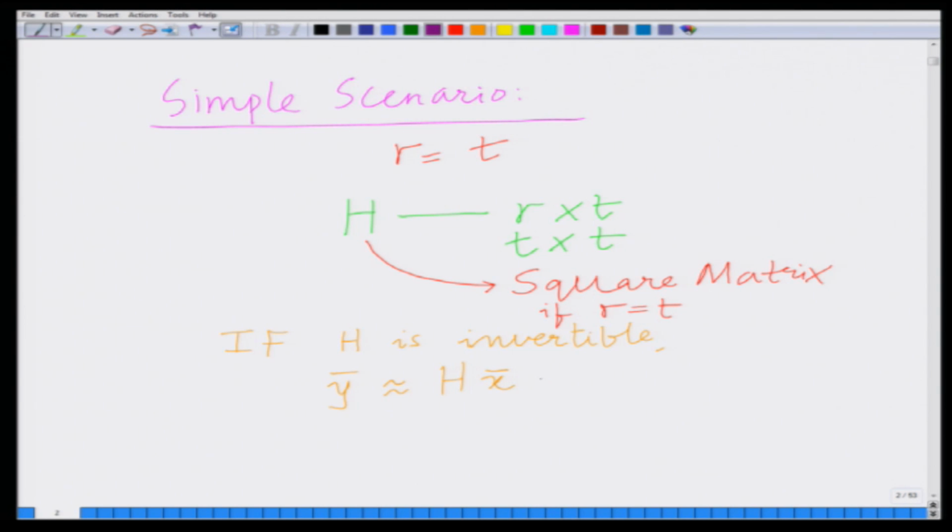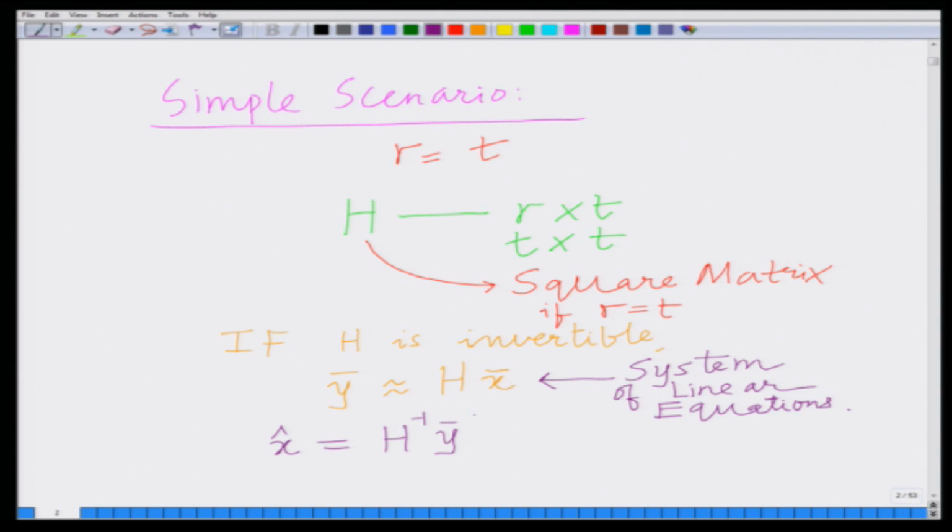This is our system of linear equations, that is we are ignoring the noise. And since H is invertible, I can recover x hat as H inverse of y bar.